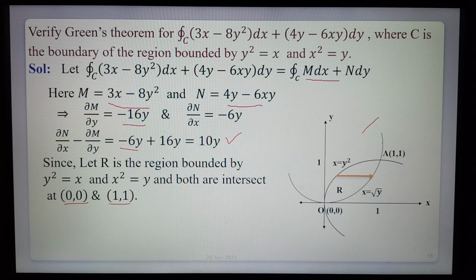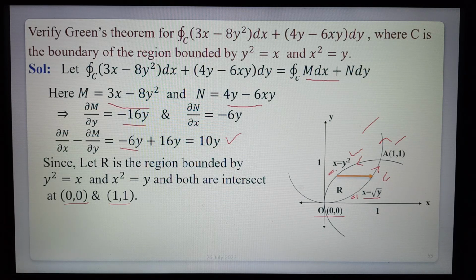This is the first parabola, y is equal to x square, and x is equal to root y, both the same. The second curve, about the y-axis, is x is equal to y square. Both intersect at 0, 0 and at 1, 1. The boundary is this, which is C, and the boundary is bounded by two curves. This is C1.